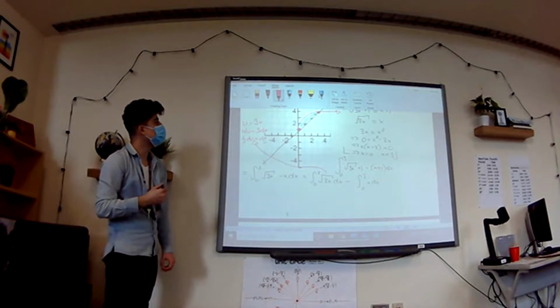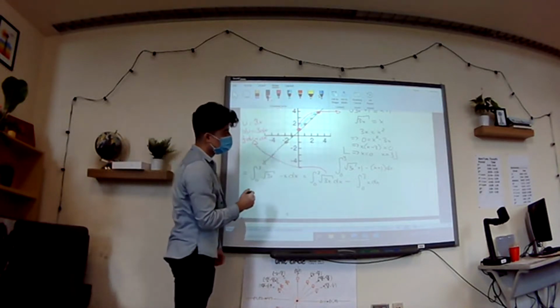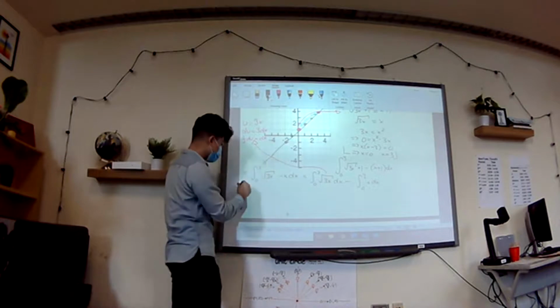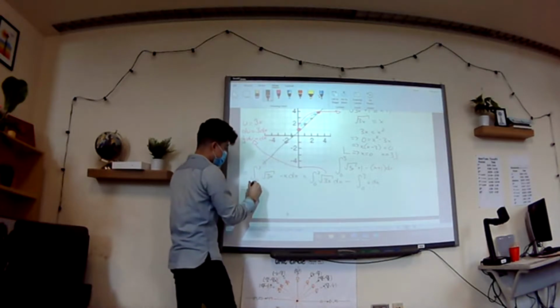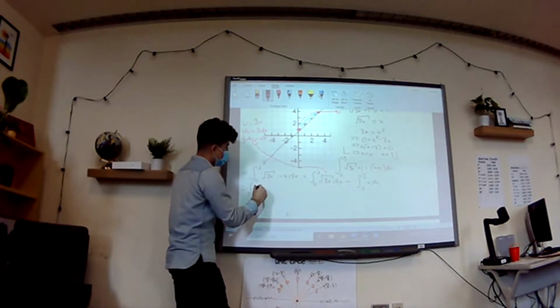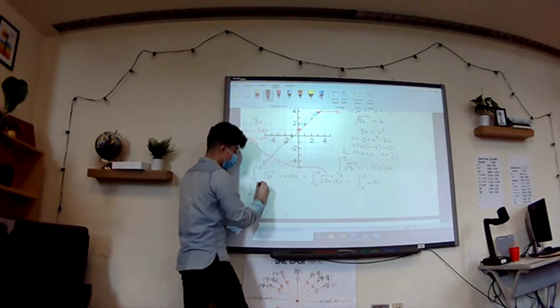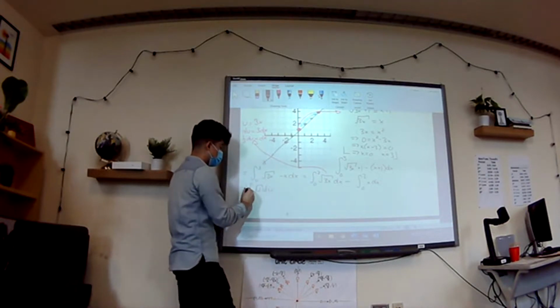Okay, and so now this turns into, do I have room? No, probably not. Let me start a new line. Now this turns into the integral of square root of u du with a 1/3 out in front.